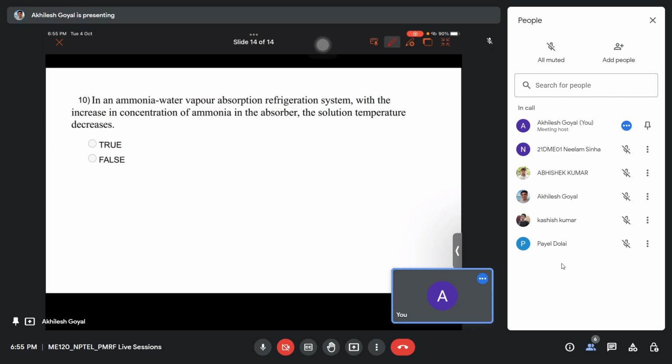Okay, that happens. But if we increase the concentration of ammonia in the absorber, there will be less affinity for the low pressure ammonia to mix with this strong solution. So low amount of mixing, low amount of ammonia getting absorbed means low amount of latent heat of condensation release. That means low increase in the temperature, or the decreased solution temperature. Okay, that is the main reason.